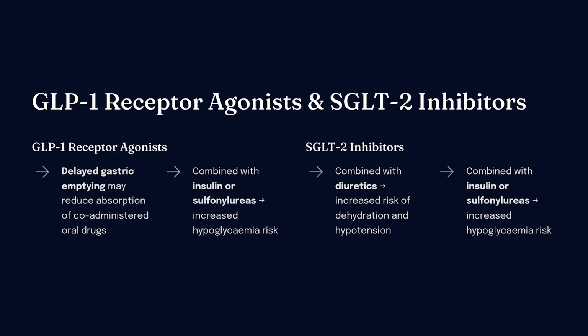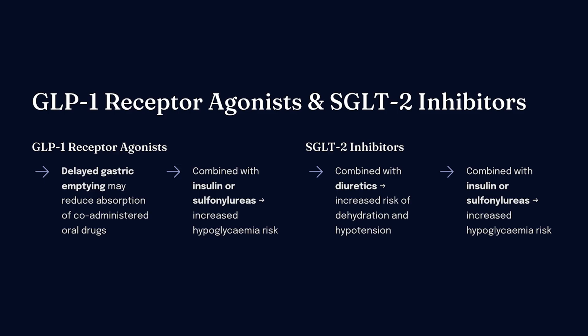Another important point is that when GLP-1 receptor agonists are combined with insulin or sulfonylureas, the risk of hypoglycemia increases because the glucose lowering effects become additive. Moving to SGLT2 inhibitors.